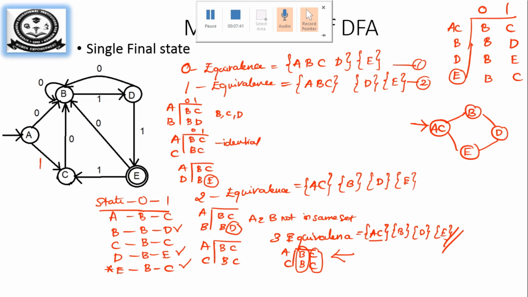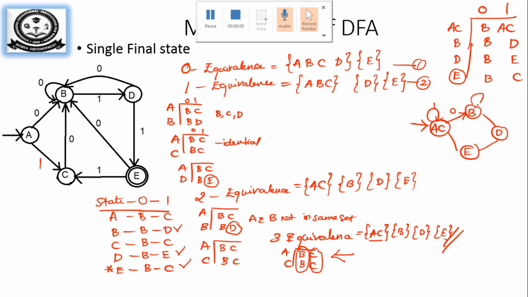For input 0 it goes to B, for input 1 it goes to C. So C is nothing but here again AC. So we will put a self transition here because they belong to the same set. So this is 1.